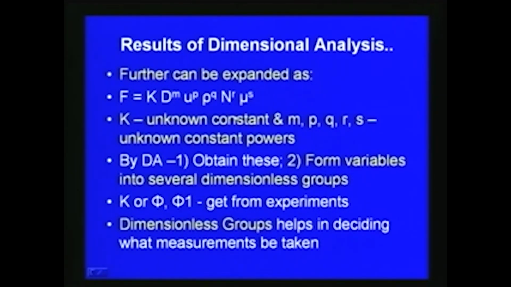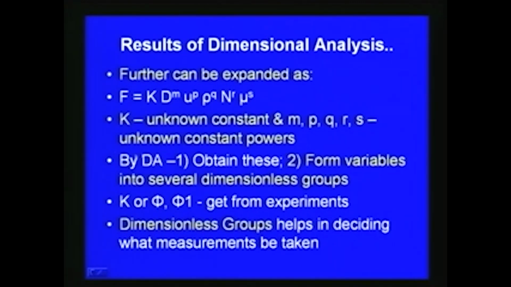Here k is an unknown constant, and m, p, q, r, s are unknown constant powers. Through dimensional analysis we are finally finding out these constant values, and then we will be able to get a relationship.